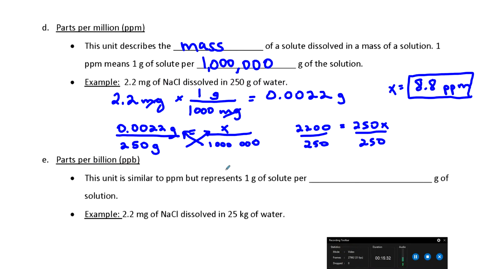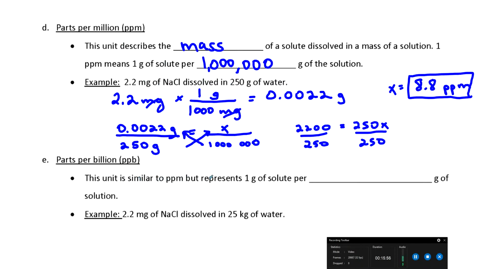The parts per billion is really the exact same concept. It's just that we're doing how many parts out of 1,000,000,000 parts. So we would use parts per billion in a larger volume. With a little bit smaller volume, we'd use parts per million.